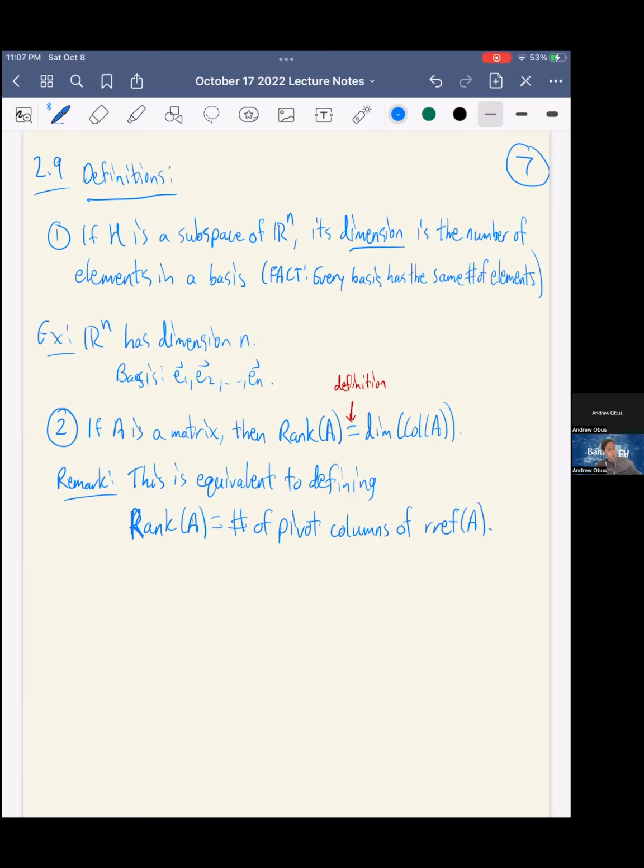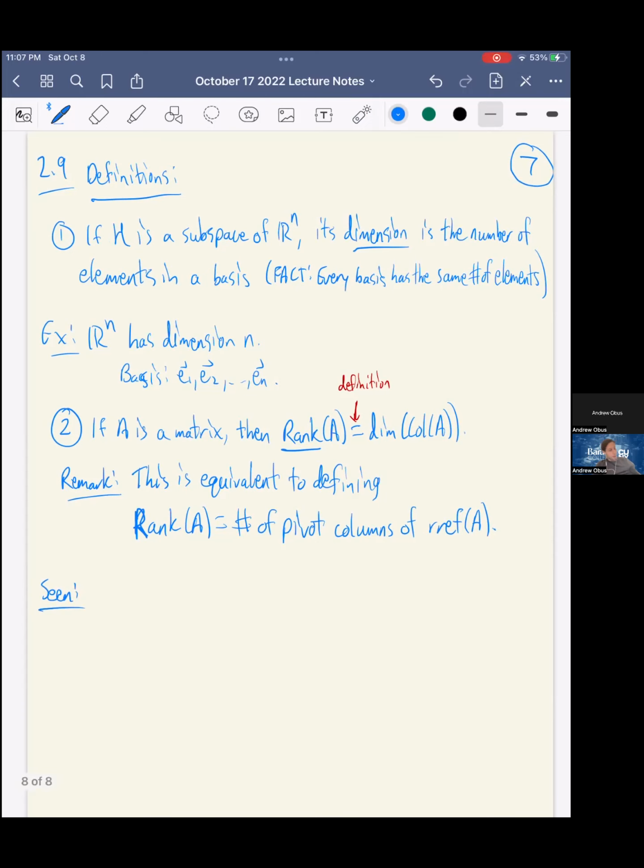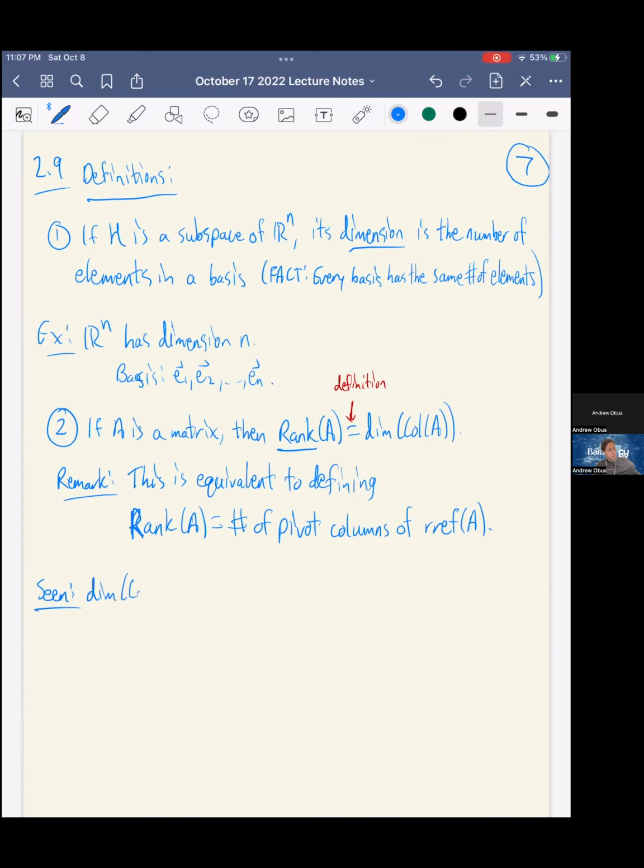So we're defining the dimension and we're defining the rank. So we've seen that the dimension of the column space of A is equal to the number of pivot columns of row-reduced echelon form of A.